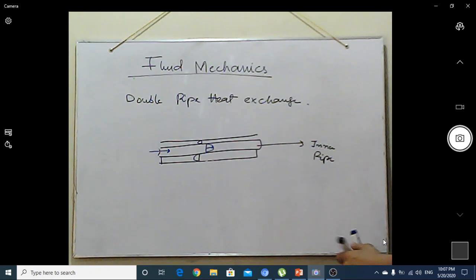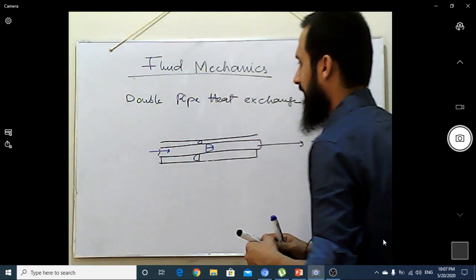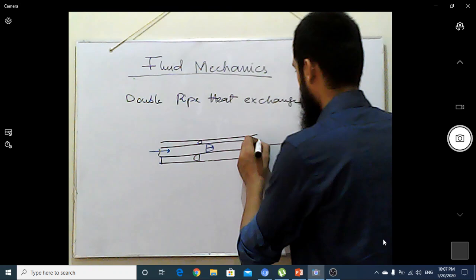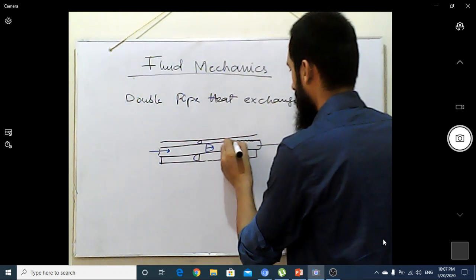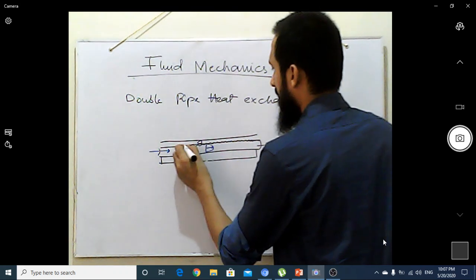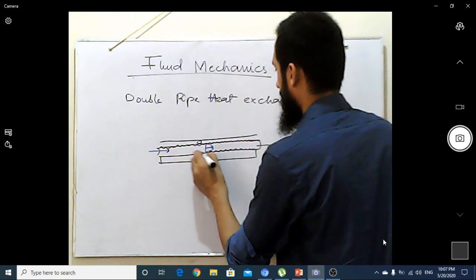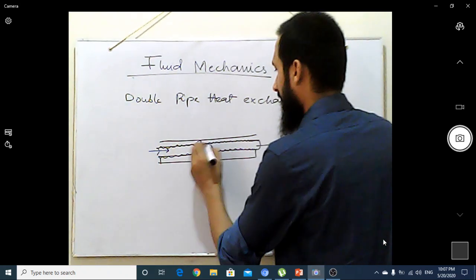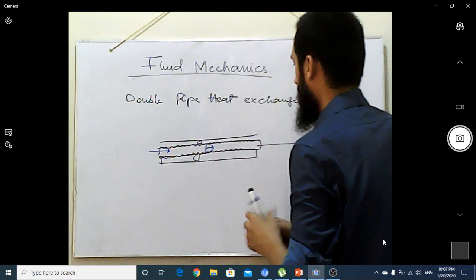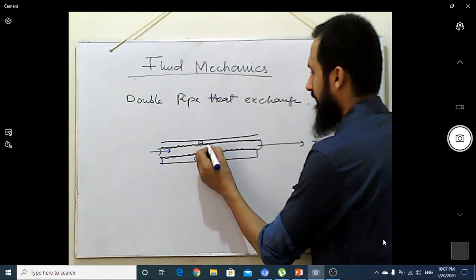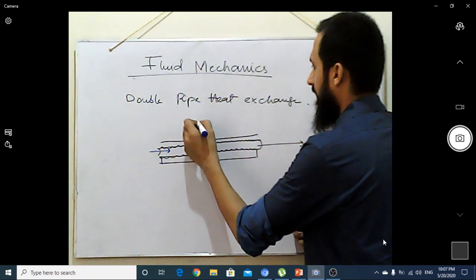But here again, due to the no slip condition, this is the solid wall, and again this is the solid wall. The liquid here is definitely attached to this solid wall and has velocity equal to 0.